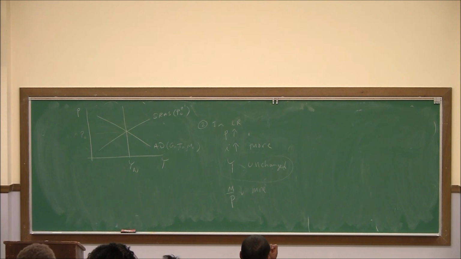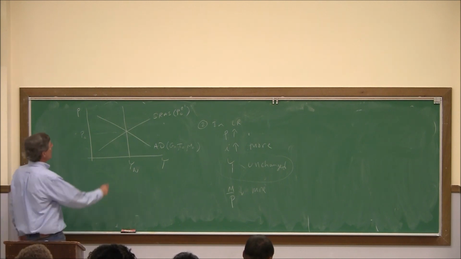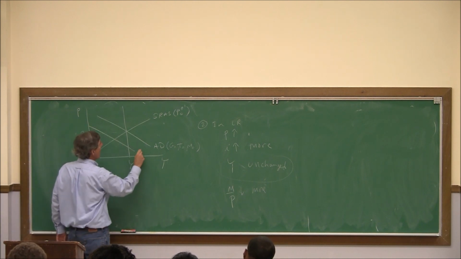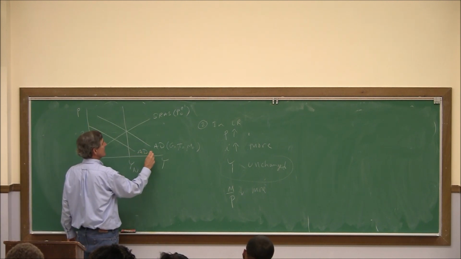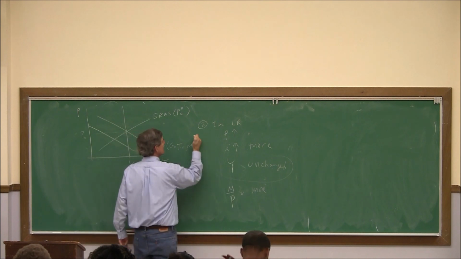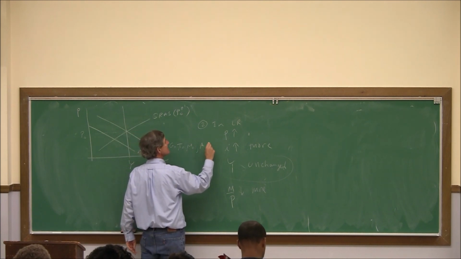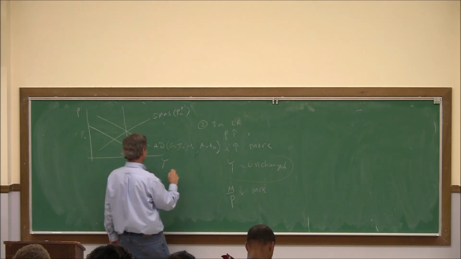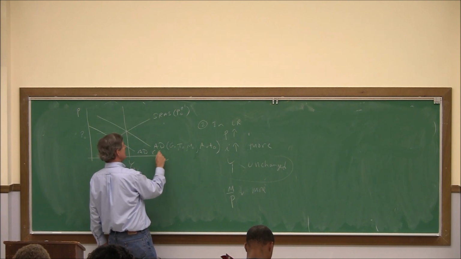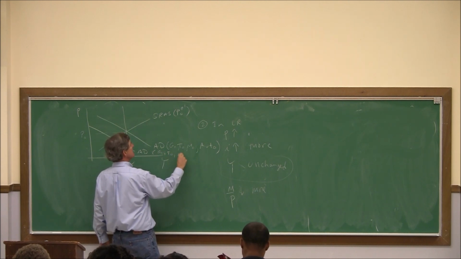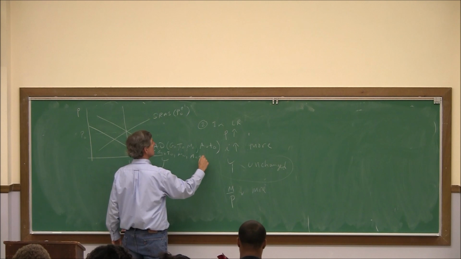We see all the autonomous spending in the economy plummet as a consequence of the crash of financial markets and housing markets. So what we saw was a big shift down in the aggregate demand curve. You might say autonomous 0, and this is AD of G0, T0, M0, and autonomous 1.